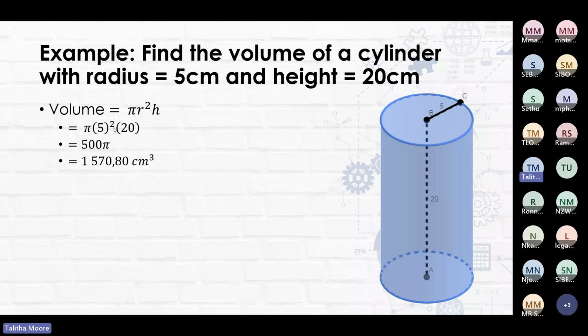And we just substitute this into our equation. So it's pi times 5 squared times 20, which gives us 500 pi. And if we multiply those two together, we get 1,570,80 centimeters cubed.